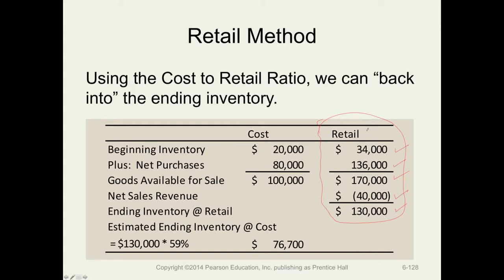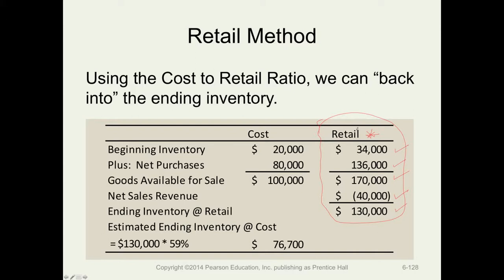So realize that on this retail column, you're doing nothing but calculating ending inventory by using a standard cost of goods sold formulation, except that everything is at retail prices. Beginning inventory plus purchases, goods available for sale, subtract what you sold.